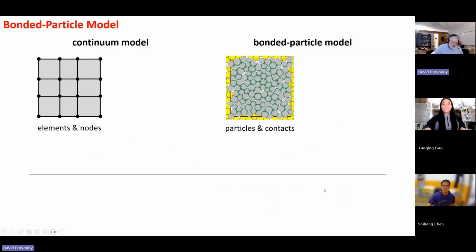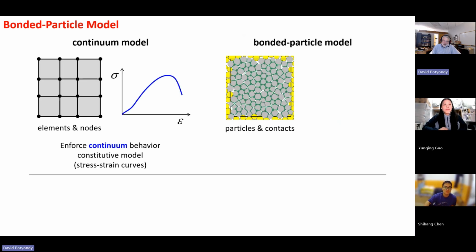So you asked, of course, the key question, what is the fundamental thing? Well, it depends on how far you want to go. The first level fundamental thing is what you see here, particles and contacts.